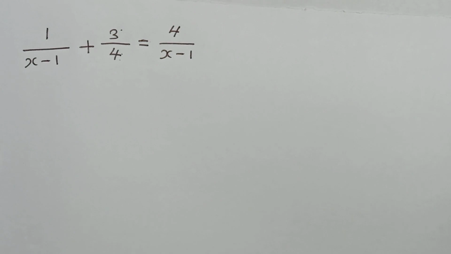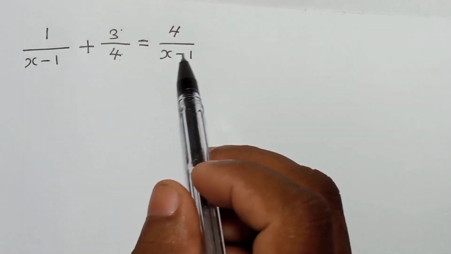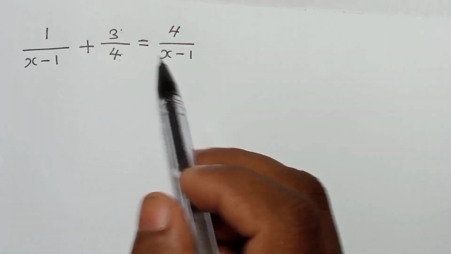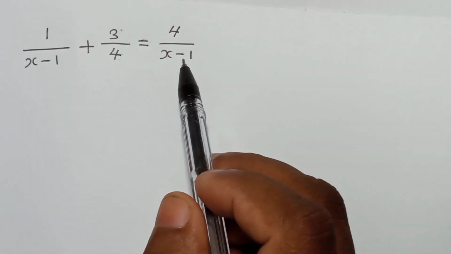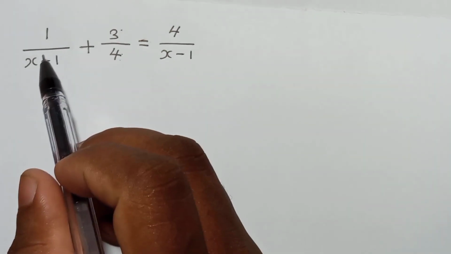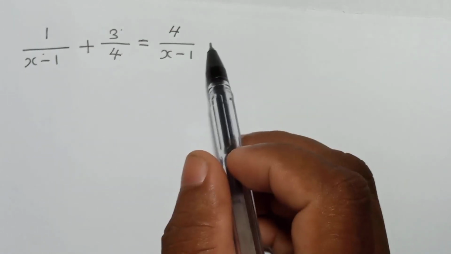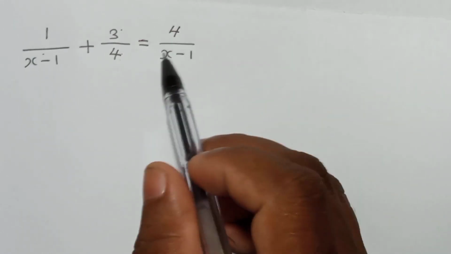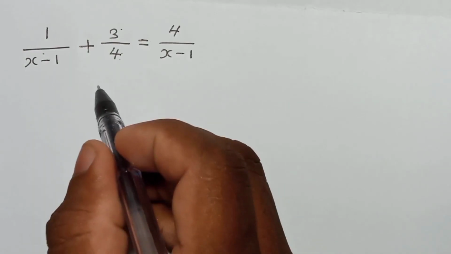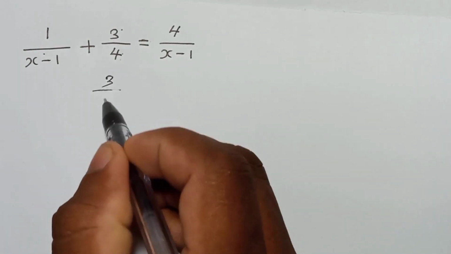So here my idea was, you can see here x minus 1, here also x minus 1. So I will put this term to this side. Then we already have the same denominator in both fractions. So I will write here 3 over 4.